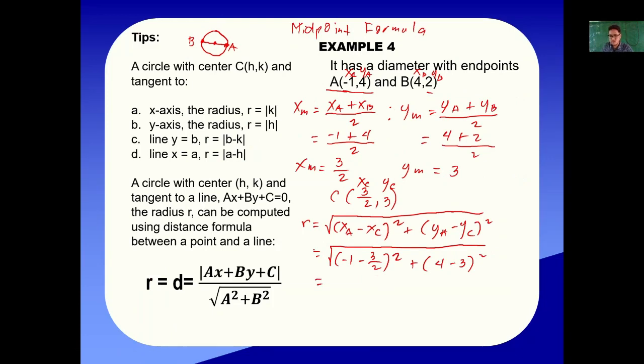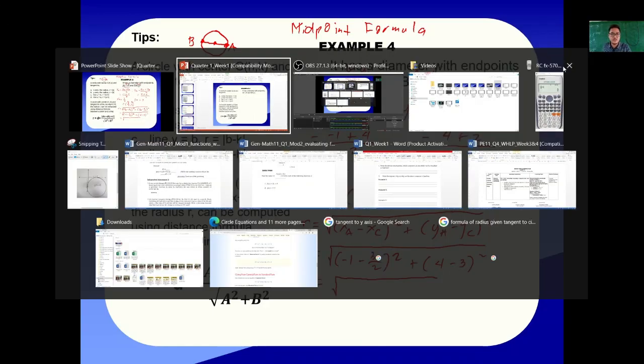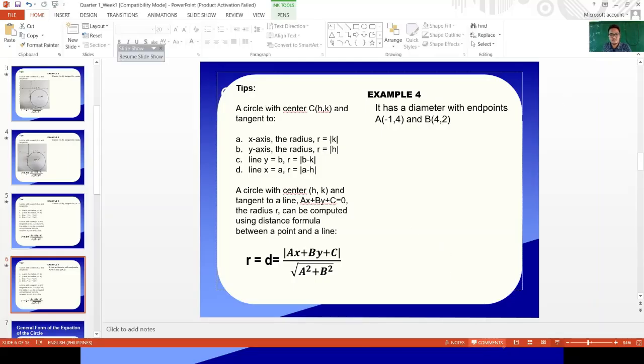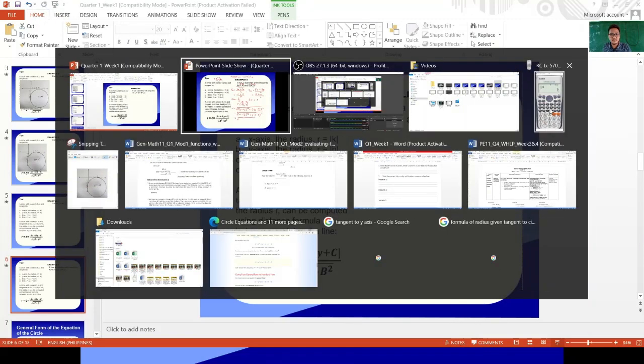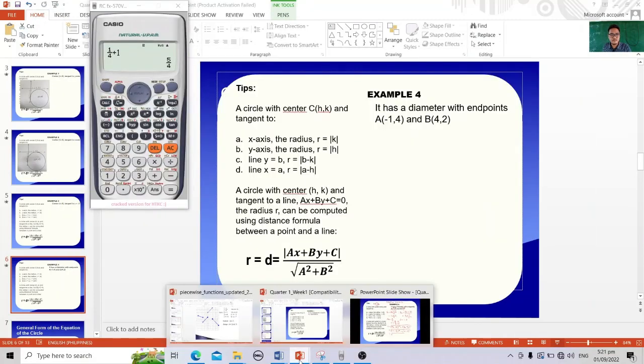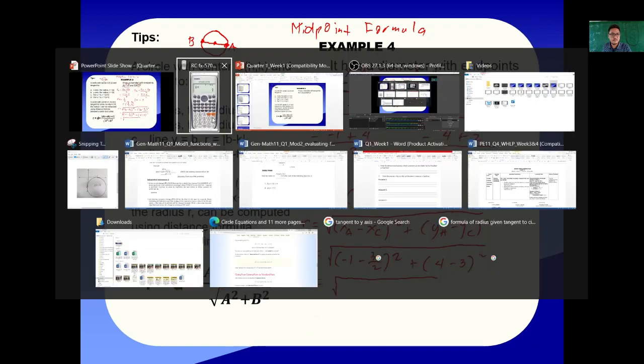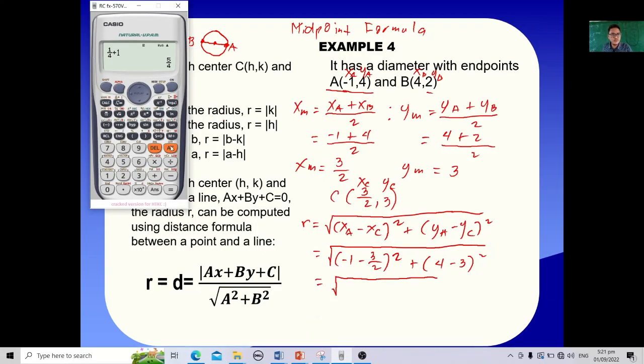Then solve. If we use our calculator, input the -1 minus 3 over 2 in parentheses, squared.